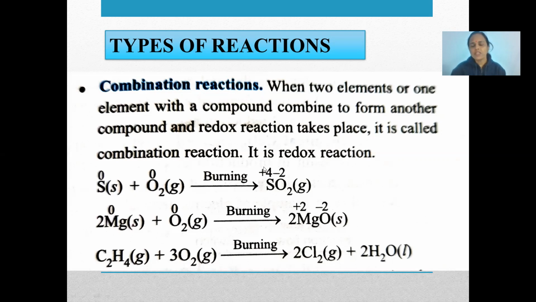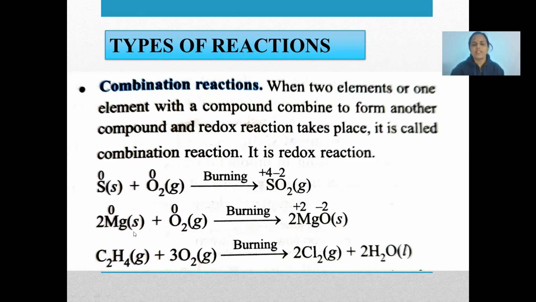Sulphur goes from 0 state to +4 state, so sulphur is undergoing oxidation, and oxygen goes from 0 state to -2 state, so oxygen is undergoing reduction. So here both oxidation and reduction are occurring simultaneously, and two elements are combining, resulting in the formation of a compound, and it is a type of combination redox reaction.